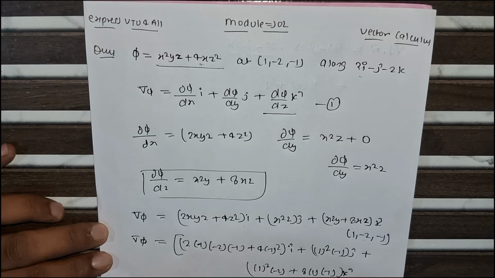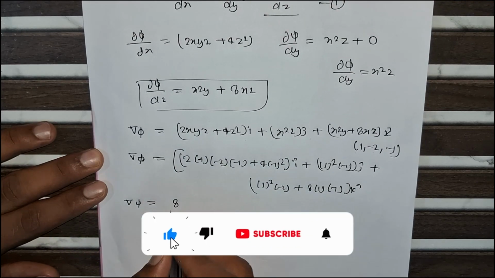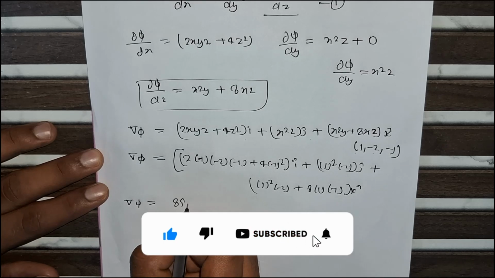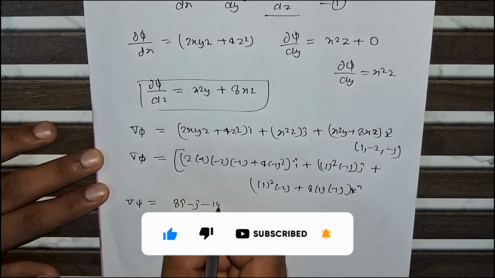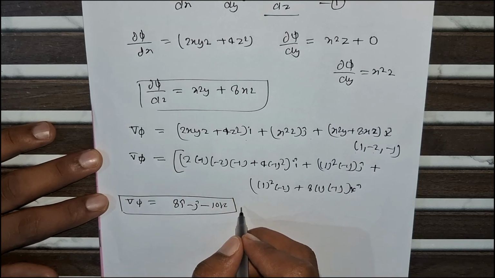So our gradient of phi becomes 8i cap minus j cap minus 10k cap. This is our gradient of phi in vector form.